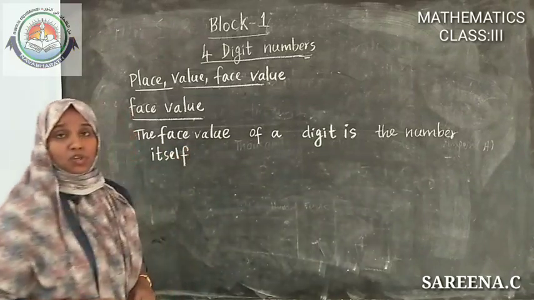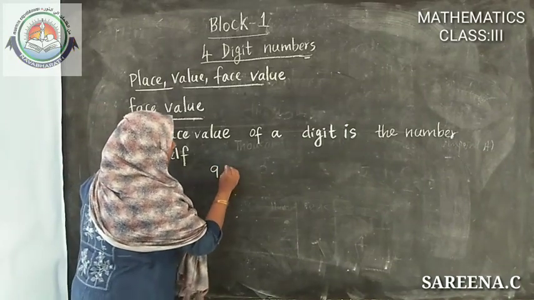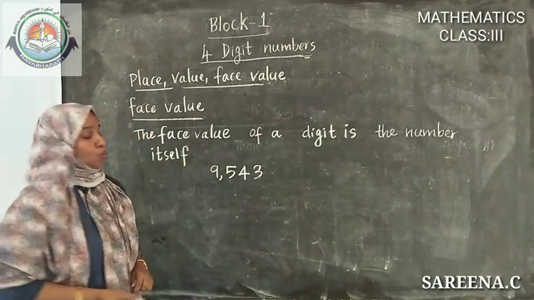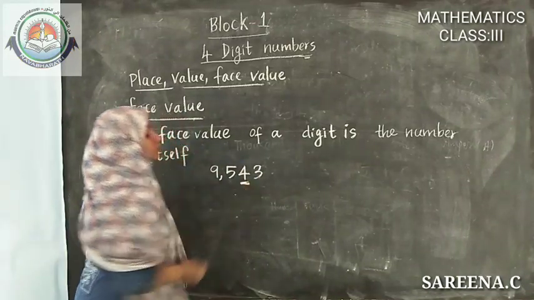What does it mean, children? I will write here a 4-digit number. What is the face value of 4?